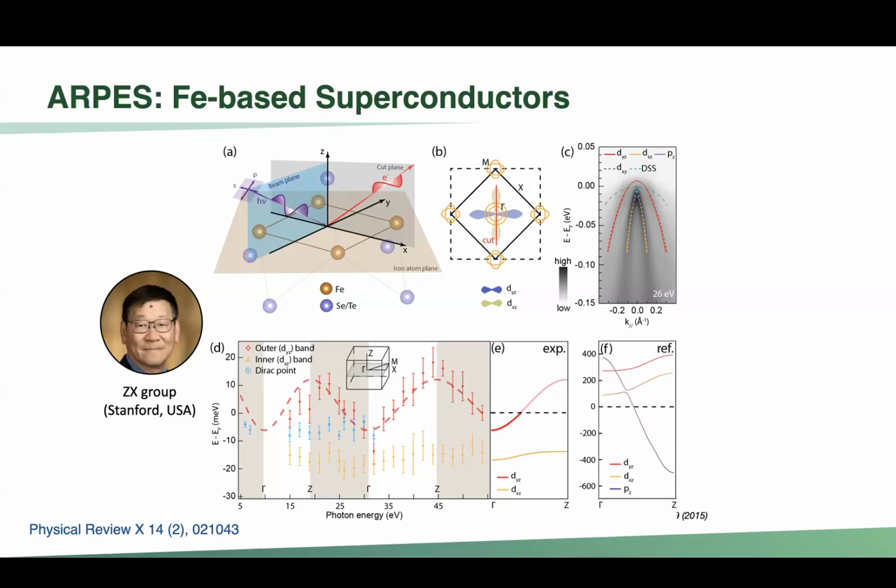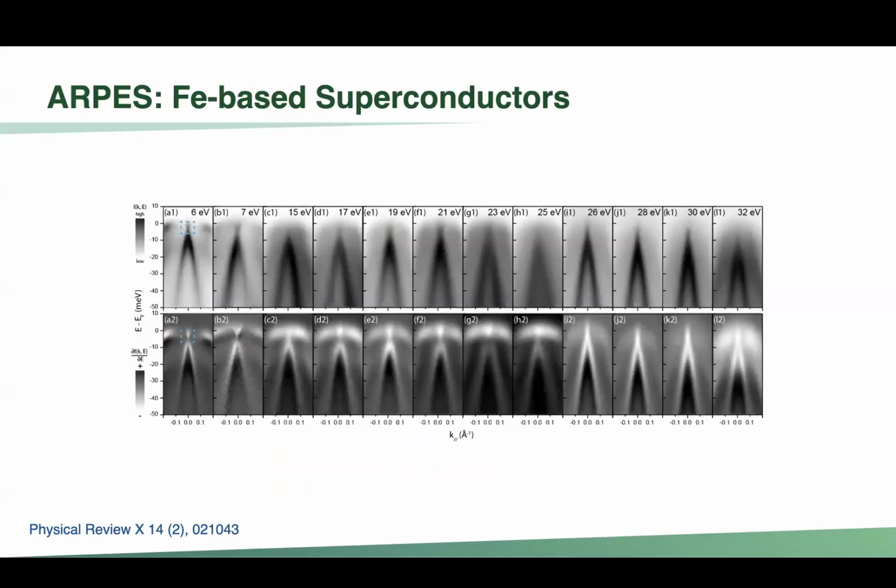And then, of course, the pz band of the tellurium orbitals should be somewhere. But experimentally, they could only measure the dxz and dyz, and the DFT calculation gives something quite different, with an interesting contribution of the pz orbitals that was not measured experimentally.